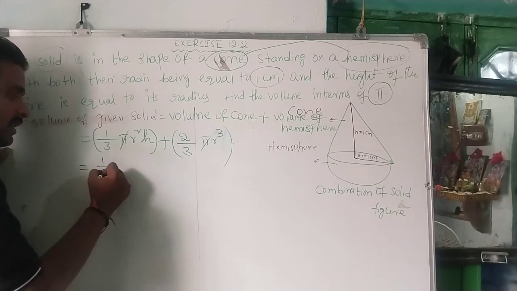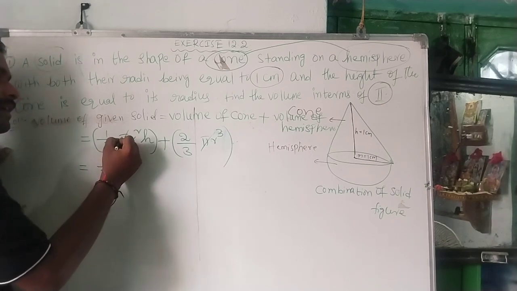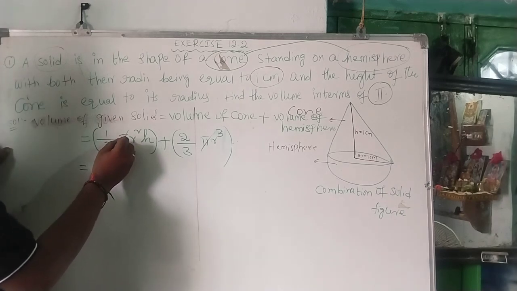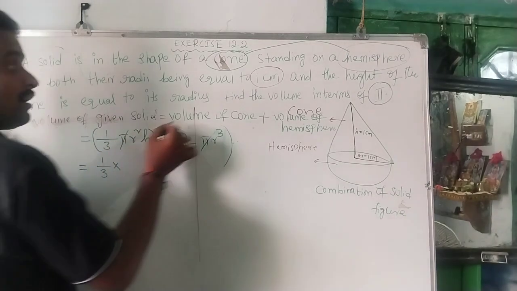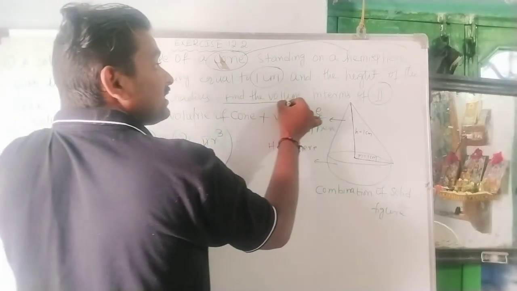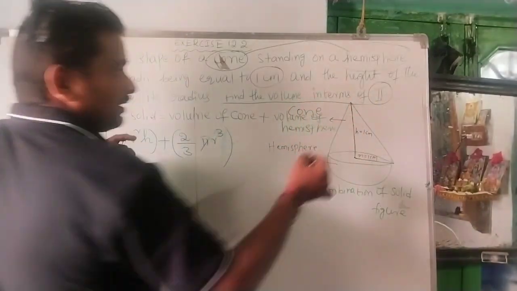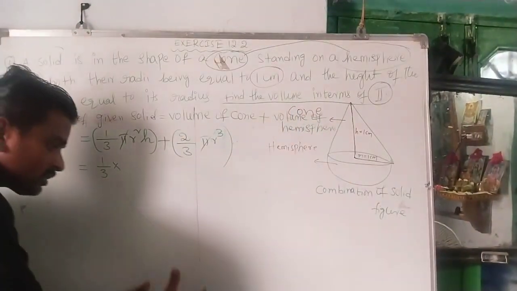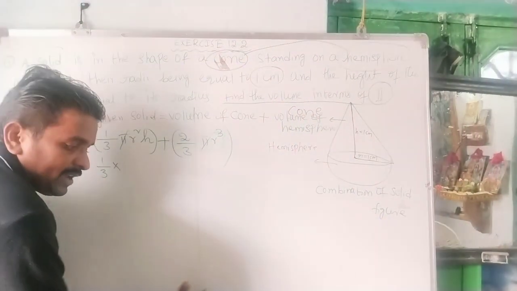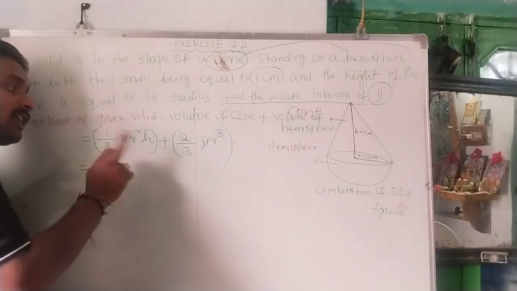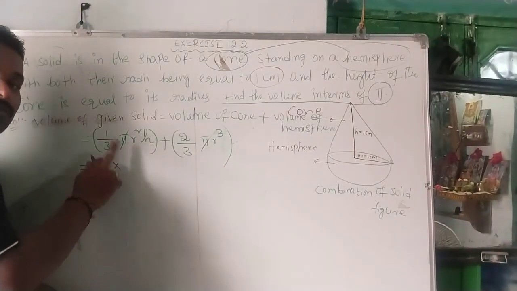1 by 3 into pi. Here we do not write the pi value. Why? Because we have to find the answer in terms of pi. So we do not take the value of pi as 22 by 7 or 3.14.